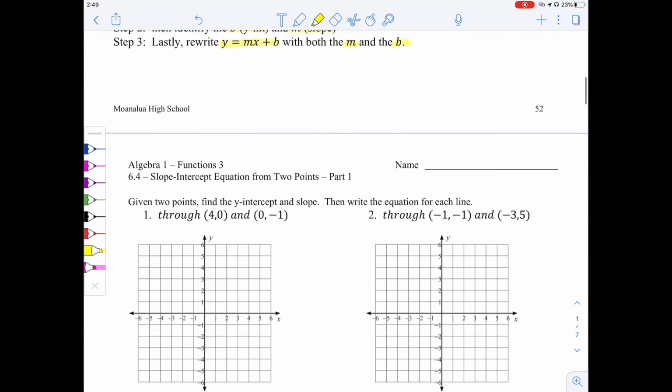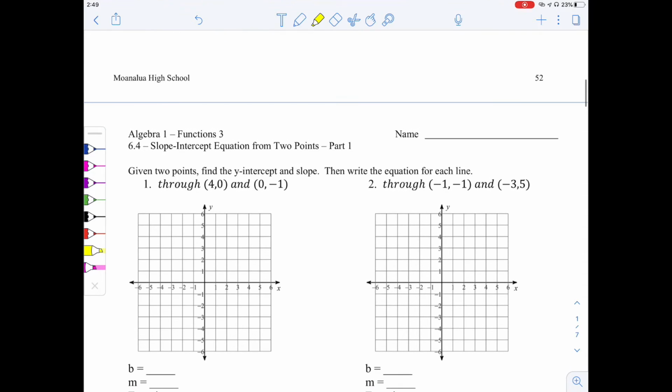Okay, so number 1, we're given the 2 points, (4, 0) and (0, -1). Let's write that in there. So (4, 0) is right here, and (0, -1) is right here. Then we're going to draw our line through our points like that. And then we can identify what the slope is and what the y-intercept is. We can tell the y-intercept right there, so b is -1.